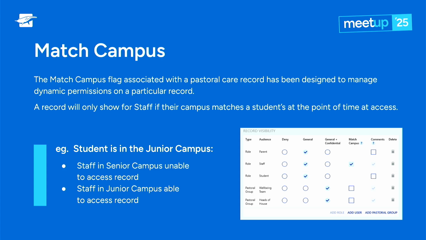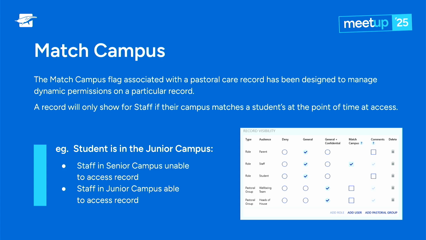Or the other solution that sits behind this is if you have a heads of year group. Your heads of year group is everyone across year 7 to 12, or everyone from primary to 12. The users inside that group will only see the records for the students in that same campus as them. As they migrate from grade 6 to year 7, the permissions automatically update.